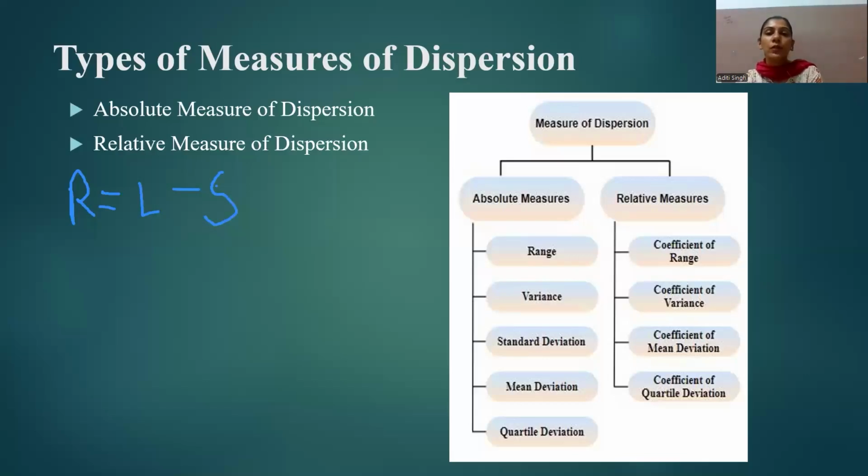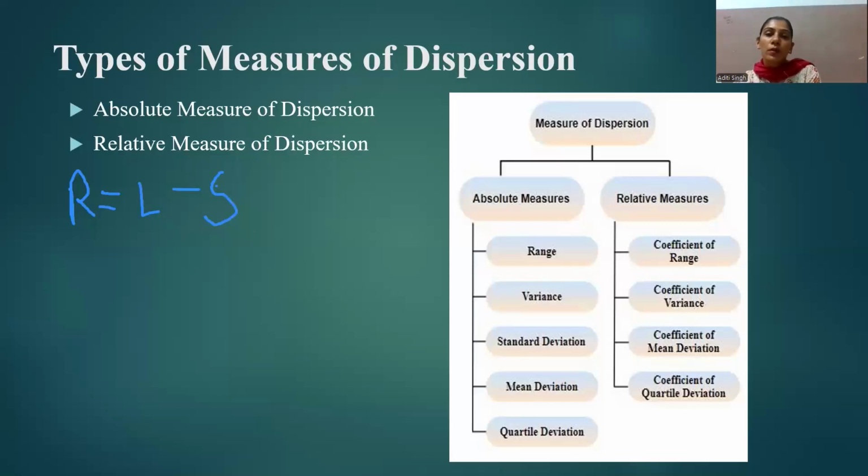It is the difference between two extreme observations of a data set, as you can see in this formula, which represents the largest value minus the smallest value. Extreme means one is the largest and one is the smallest. So this is how we calculate the range.